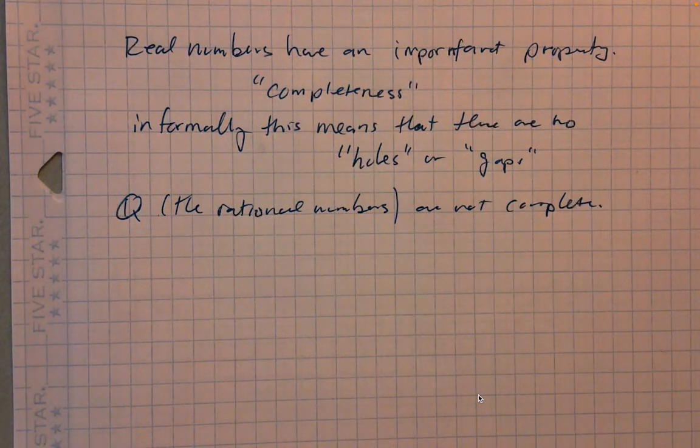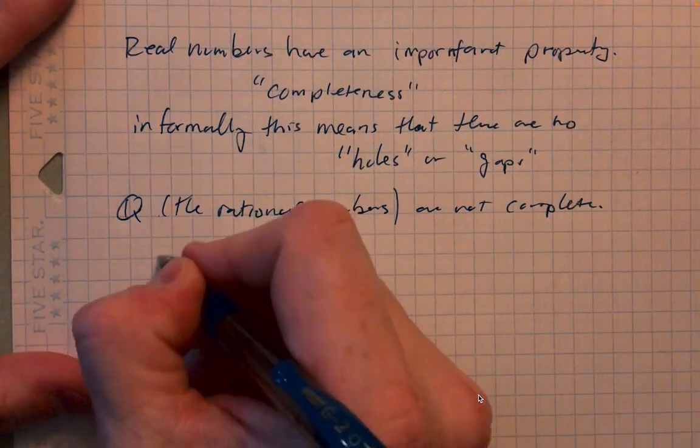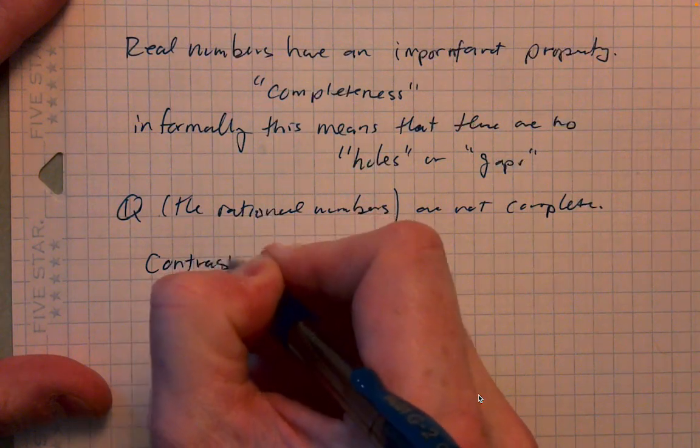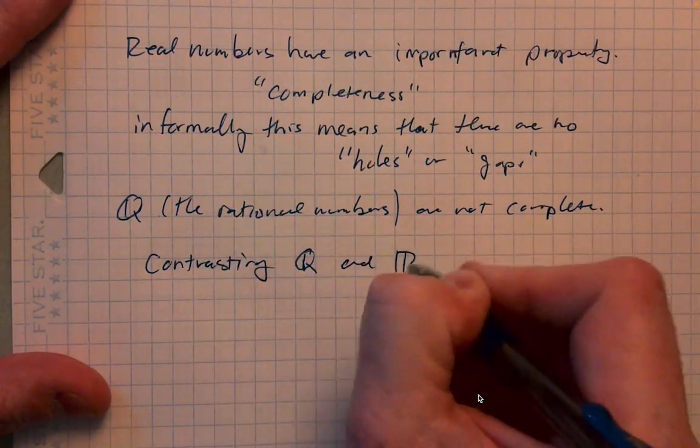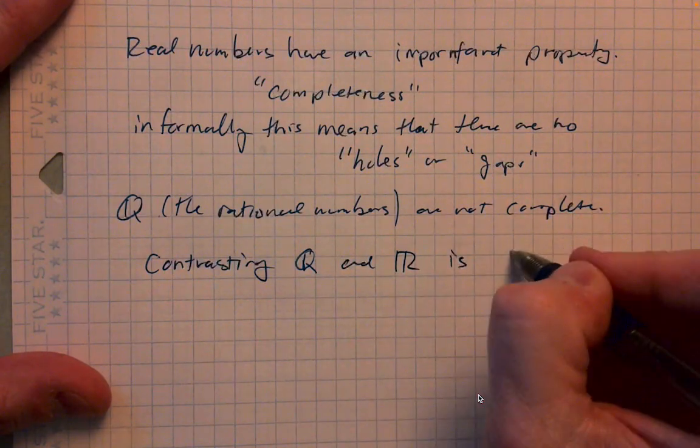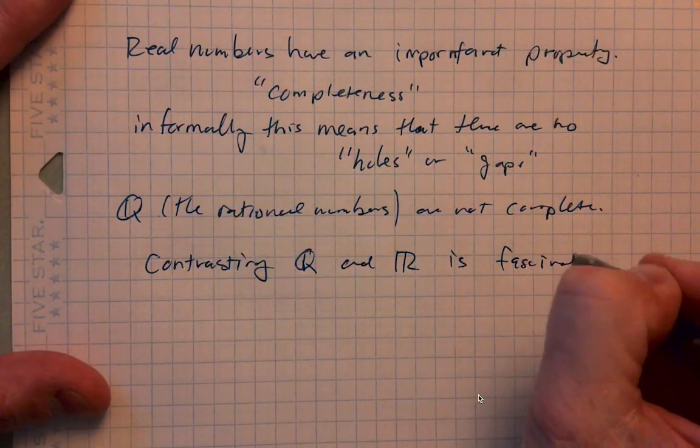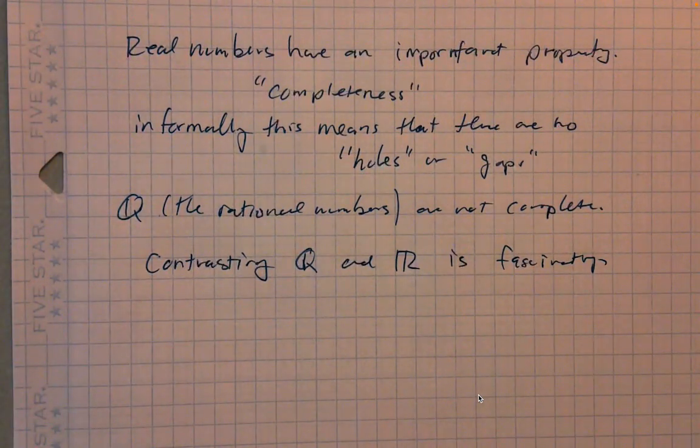Particularly, contrasting Q and R is fascinating. There's some interesting stuff there. So you get into different sizes of infinity, for example.